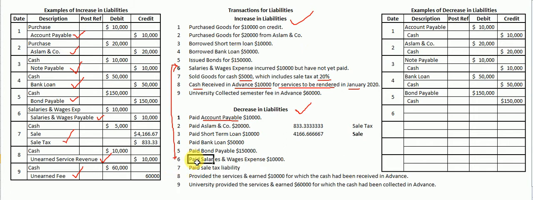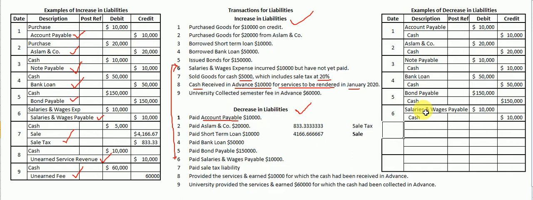You should say paid salaries and wages payable account. It means this payable account you have paid. How much? 10,000. So that is why the salaries and wages payable account should be debited, and cash you have paid should be credited, $10,000 and $10,000.